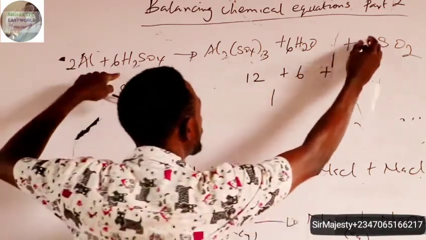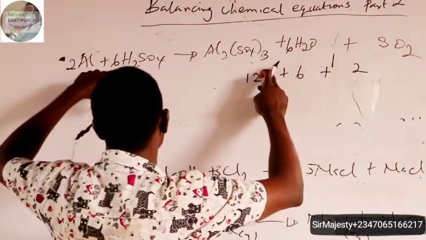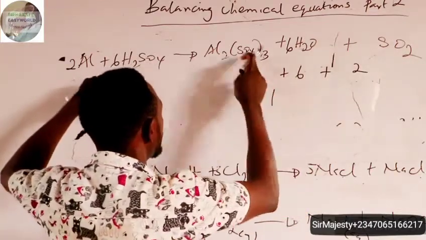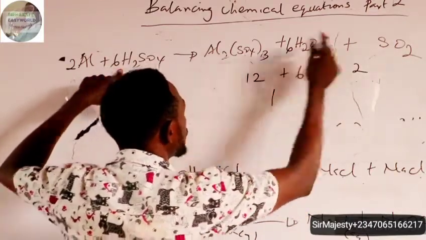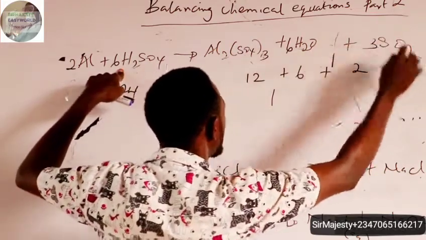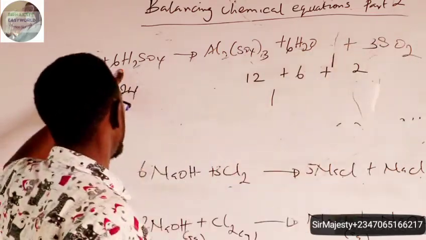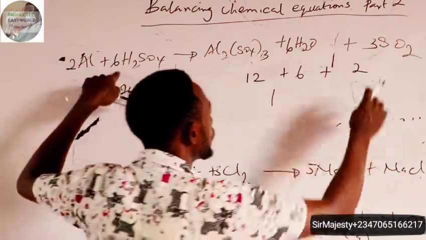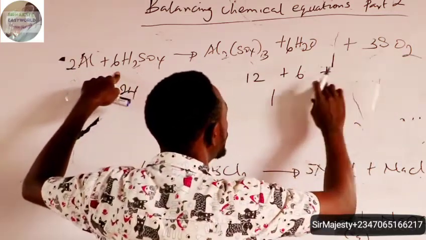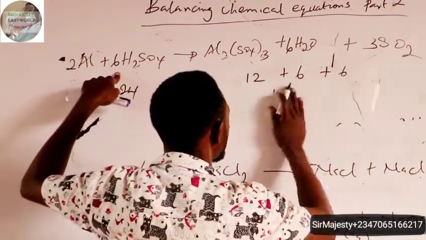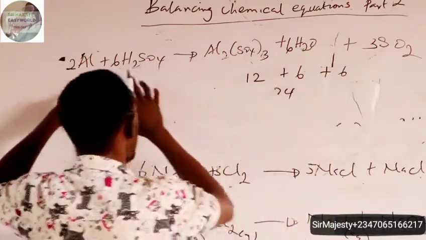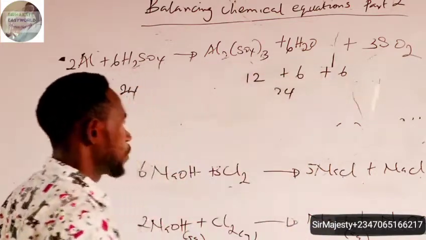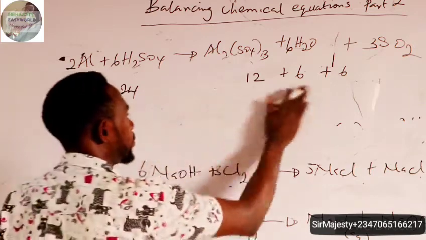Oh, sorry, because of the sulfur here, we put 6, so sulfur is 6, then we have 3, so there should be 3 here. Yes, to compensate that sulfur, which is 6 here already. So that means our oxygen here now is plus 6, and we have 24. So 24, 24. We have gotten oxygen, and it means our job is half done.